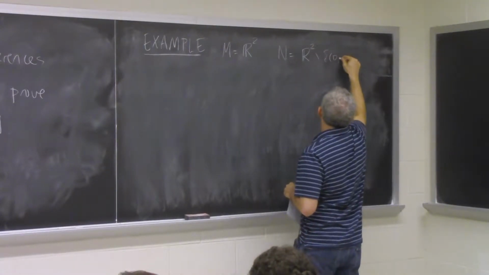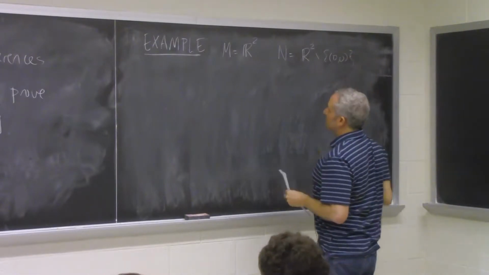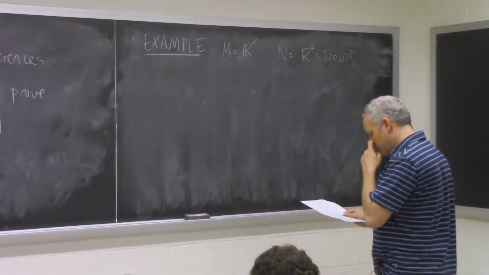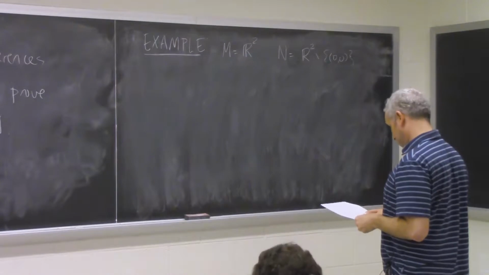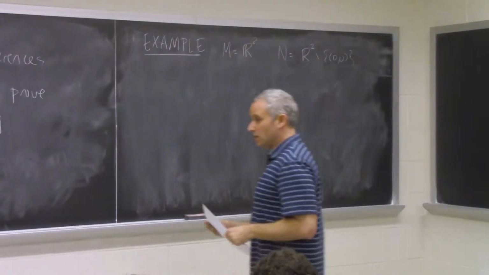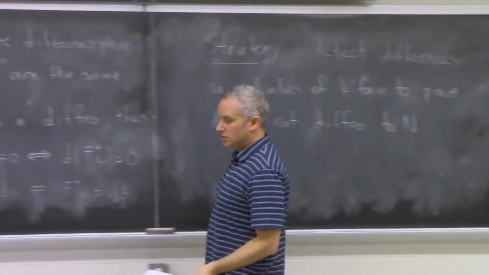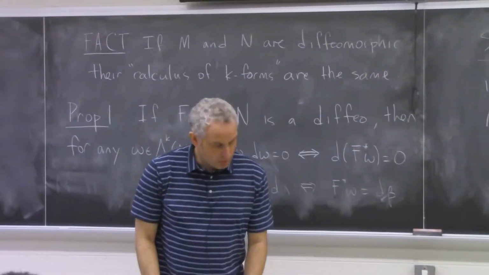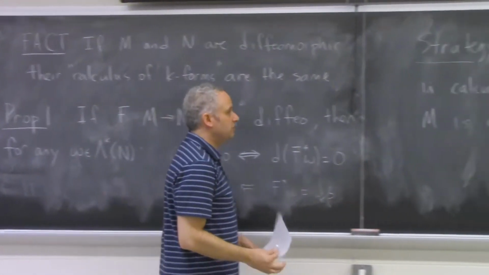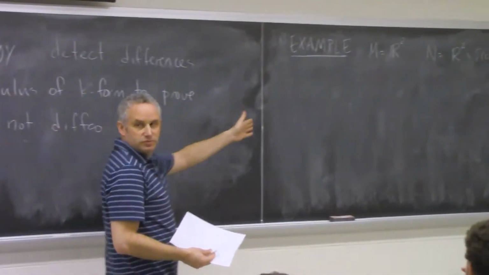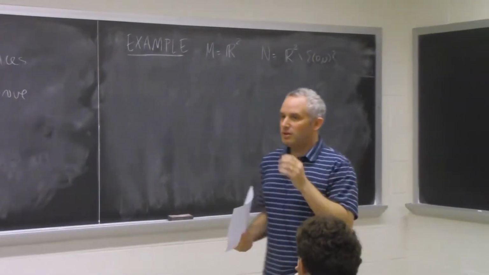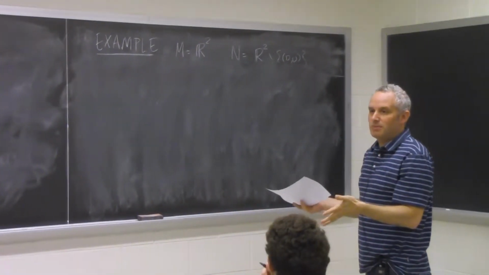So we'll take away the origin. Okay, and we are going to prove that these are not diffeomorphic. I mean, it's certainly not hard to believe, but it's not easy to prove. Okay, you have to introduce some new ideas.